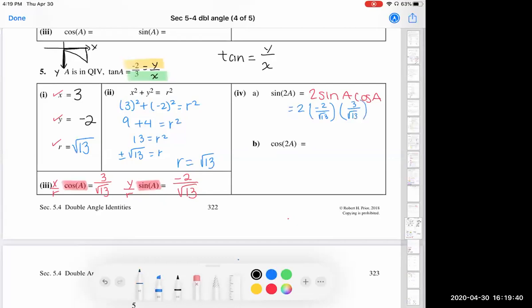We can write that 2 as 2 over 1, and let's multiply across. 2 times -2 times 3 is -12. And square root of 13 times square root of 13 gives us 13. And that's our answer.